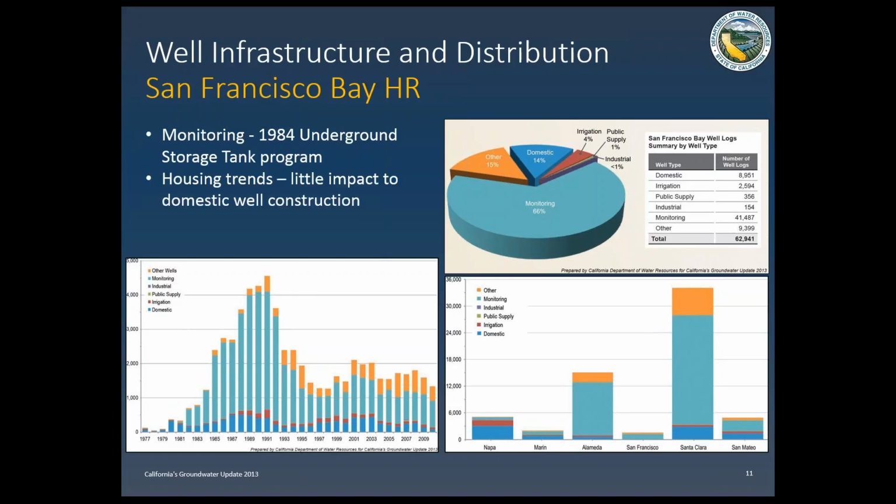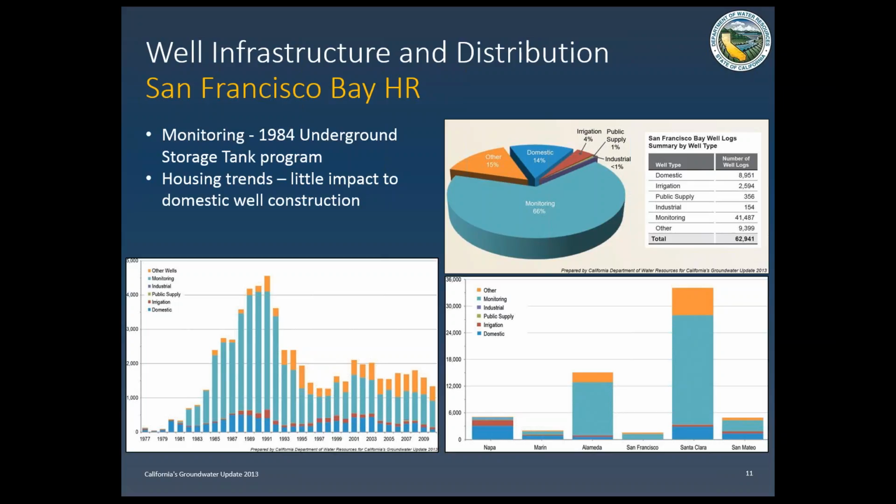Housing trends is another thing that we can sometimes detect in these well logs. And in the San Francisco Bay Area, it's not as prevalent as in some of the other hydrologic regions. We do see little bumps in the late 80s and in the late 90s with respect to domestic wells.